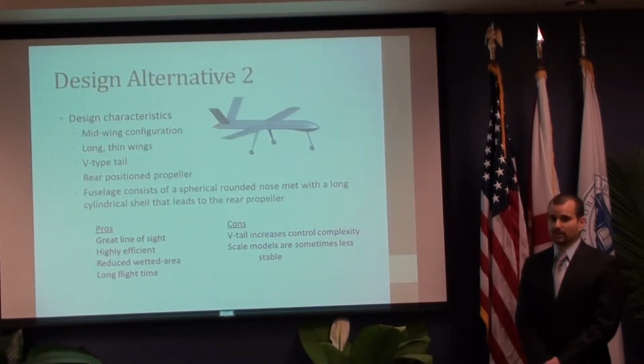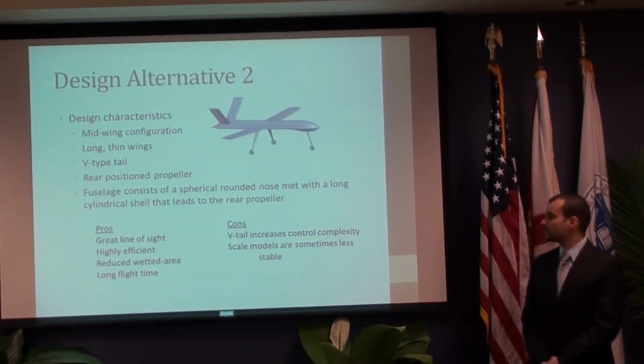The major pros to this design were a great line of sight for the cameras, high efficiency, reduced wetted area due to the V-type tail, and long flight time. The major cons of this design were that the V-type tail, while reducing drag, also increases the control complexity. And typically, scale models such as this are less stable than other types of RC planes.